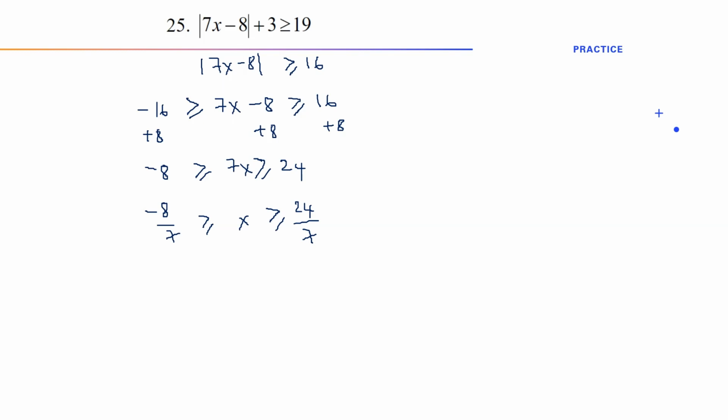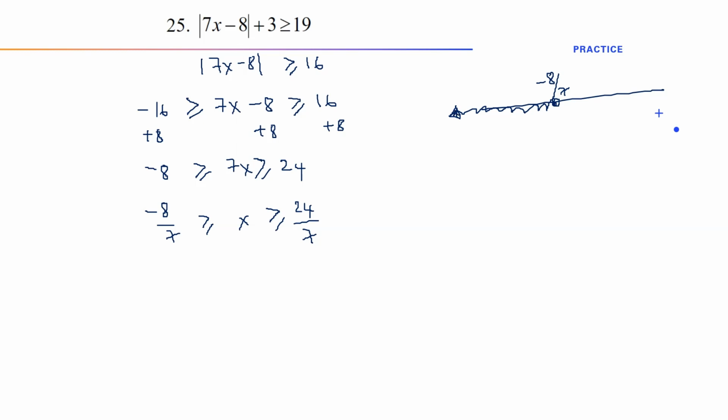Now you see that if we set it up like that, it doesn't make sense, right? Because x is less than a negative number. So for example, we represent it here. We will have negative 8 over 7 here, and x has to be less than that.